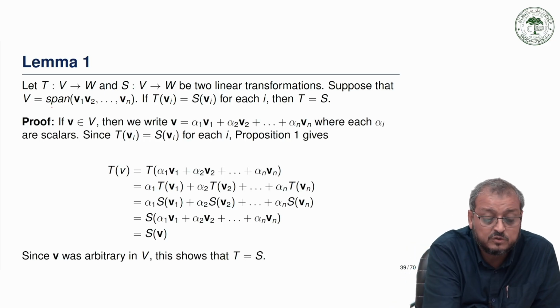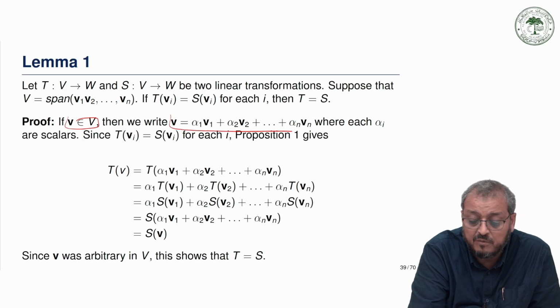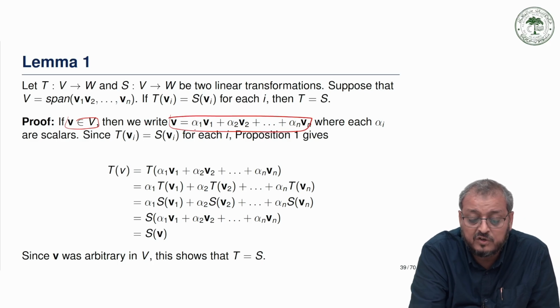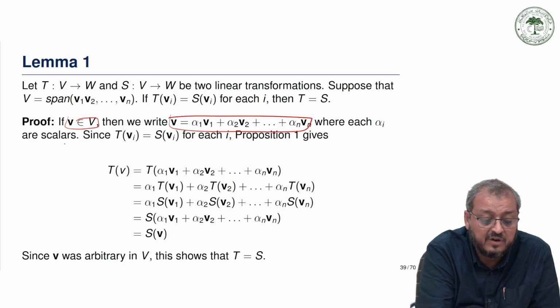Let V be an arbitrary element of V. Then V can be written in the form alpha 1 V1 plus alpha 2 V2 and so on, where each alpha i is a scalar.